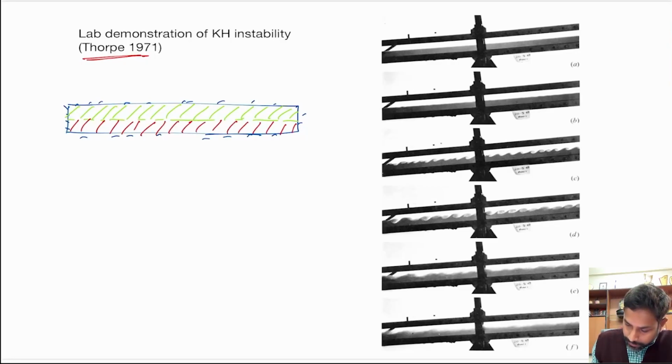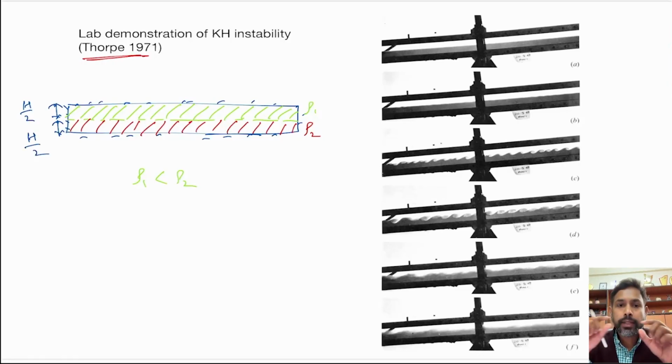Let's say the lower density is rho 2, the upper one is rho 1, so rho 1 is smaller than rho 2, and the upper layer has a depth of h by 2, and the lower layer also has a depth of h by 2.